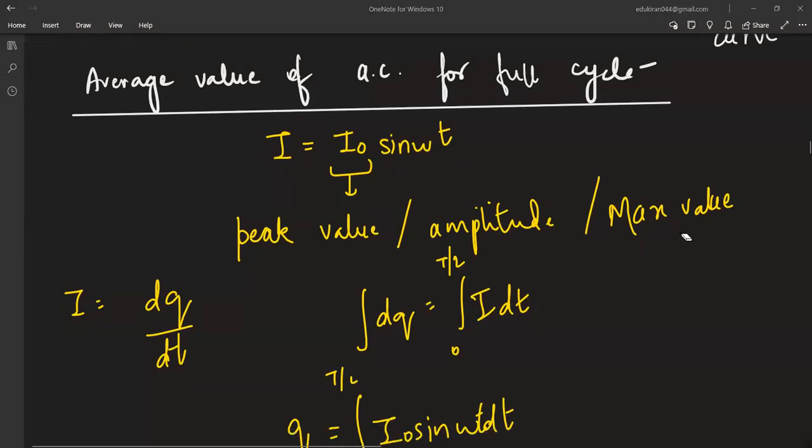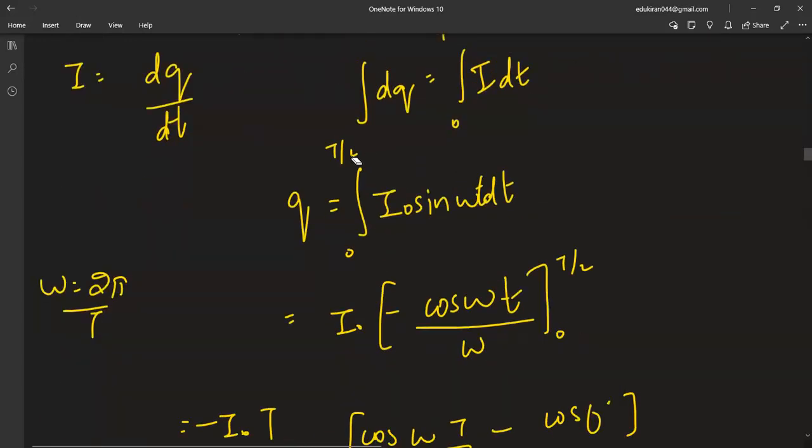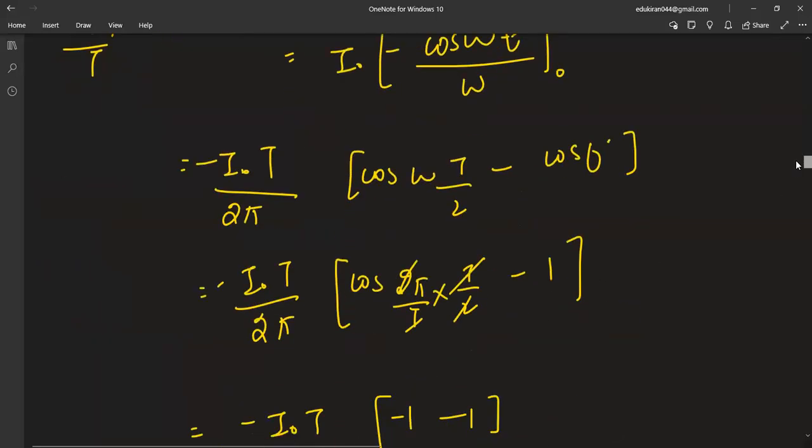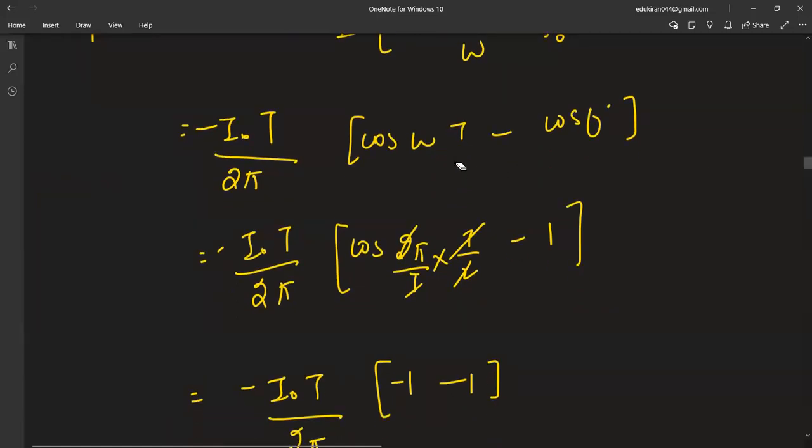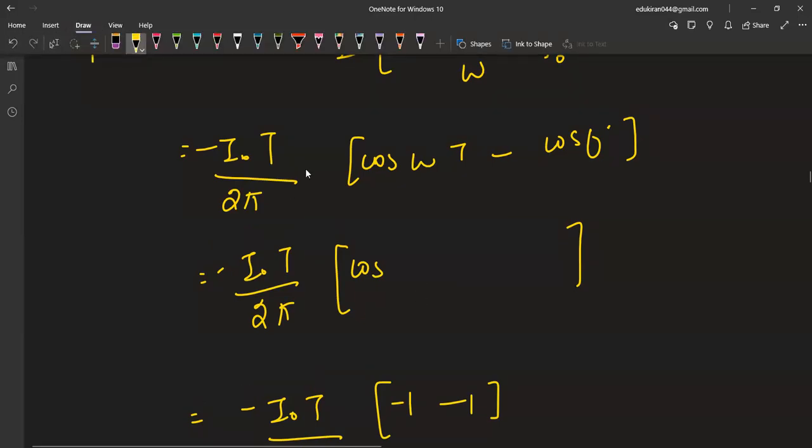See, if it's for full cycle, then the only change that will come is in the integration value of time period. Instead of integrating from 0 to T by 2, you will be integrating from 0 to T only. So from here, the differences will start coming. This will be cos of 2 pi by T into T, right? Cos omega T minus 1, that will be the same.